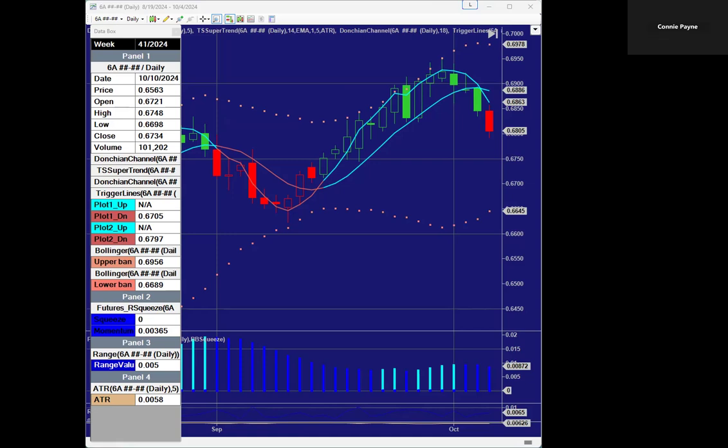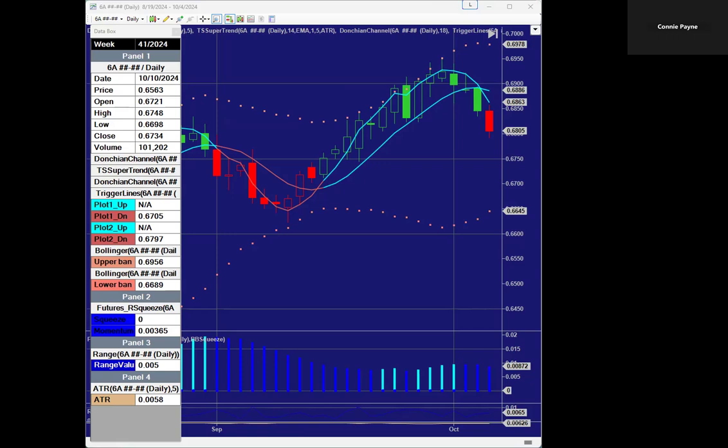Oh come on. 6904 minus 6782. That will tell us how big our stop loss is. Well, that's wrong. My computer sometimes acts up. Hold on one second.